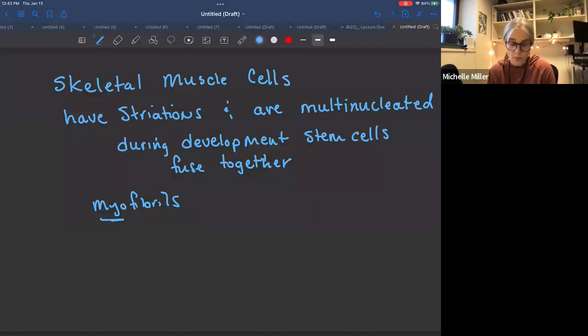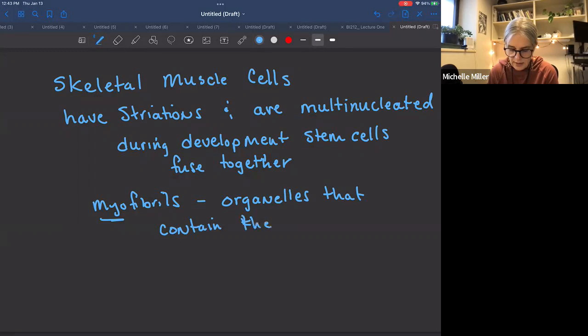Okay. So myofibrils, these are organelles that contain the myofilaments called actin and myosin.